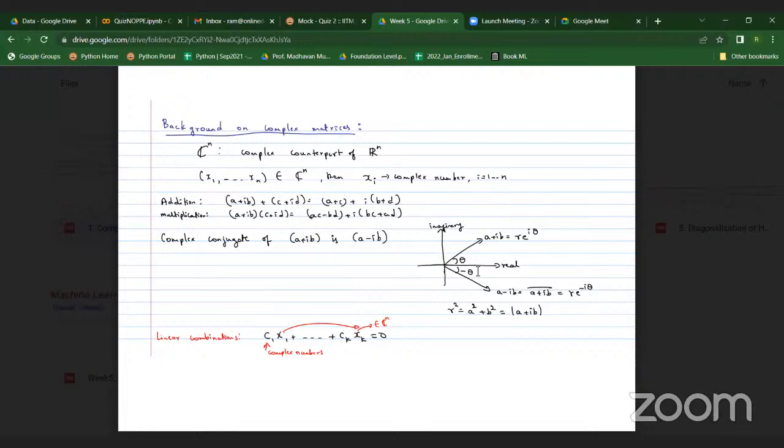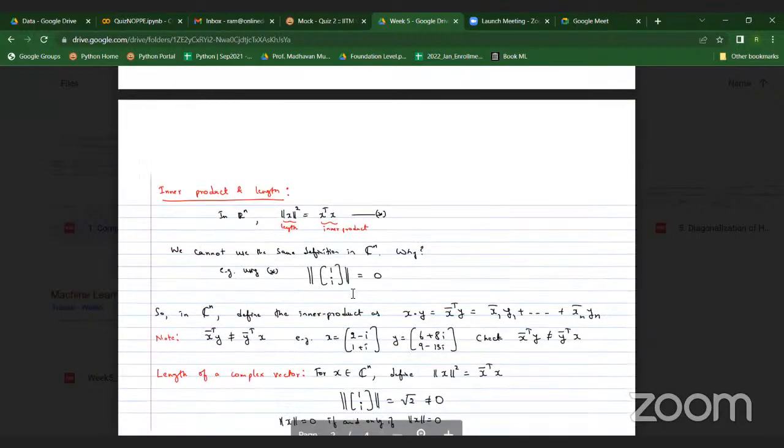This is the complex conjugate, r e to the power minus i theta, which, as we have seen before when we expanded, is equal to cos theta minus i sin theta. The minus represents that we are having the negative imaginary value.